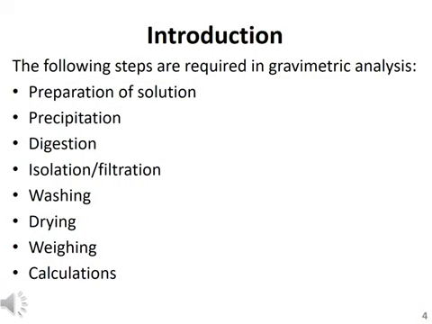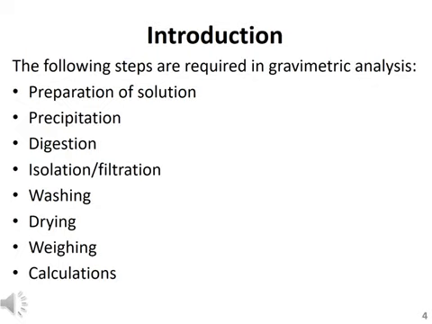The first step is the preparation of the solution, and the second step is the addition of the precipitating agent to the solution. After the addition of the precipitating agent, some precipitates will be formed, and these precipitates will be digested in order to get bigger and cleaner crystals.